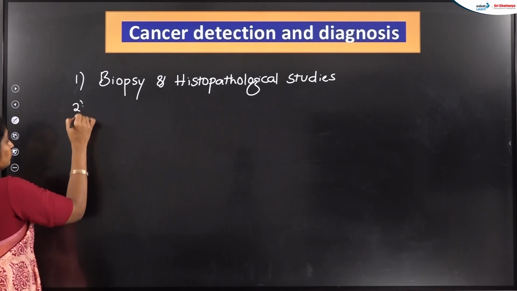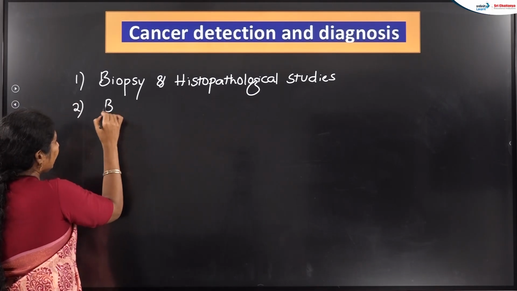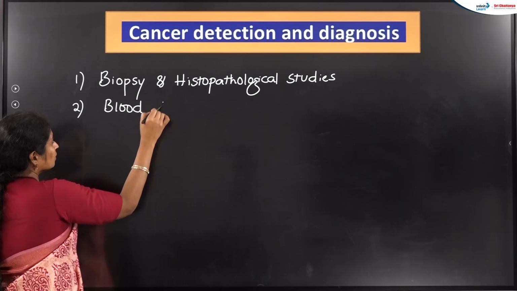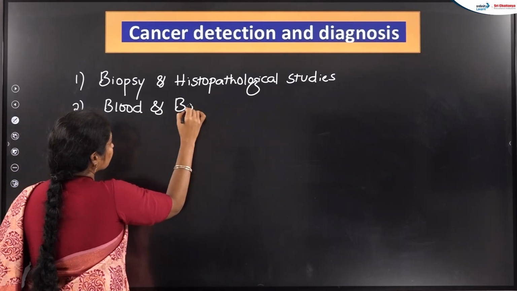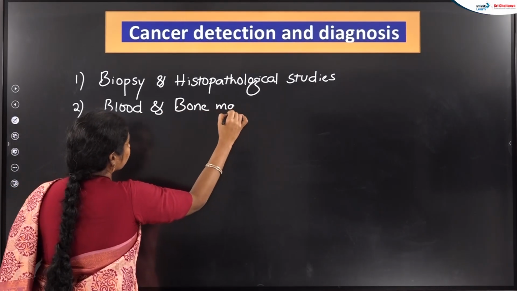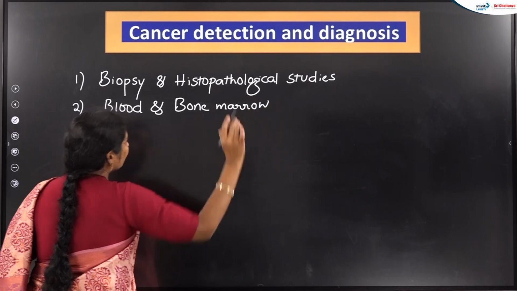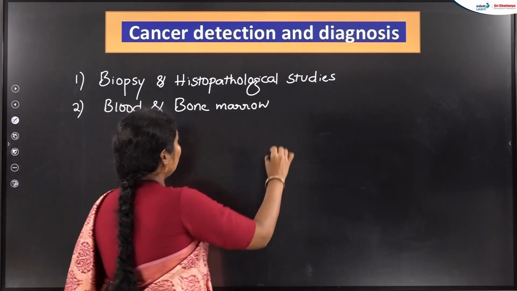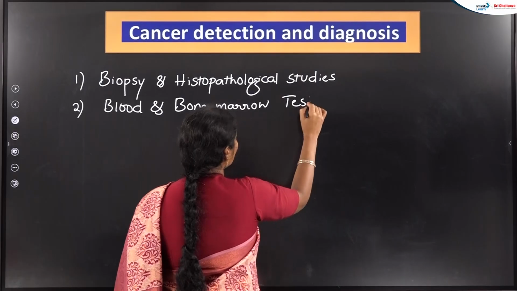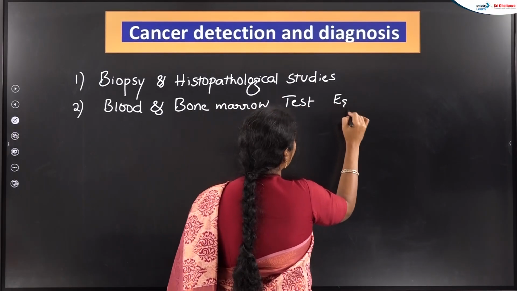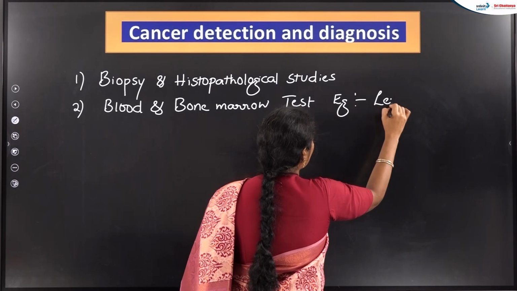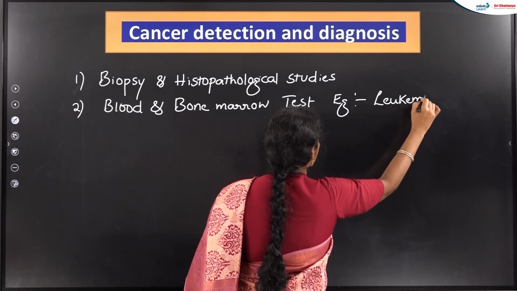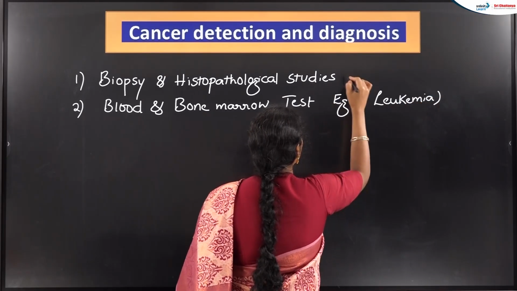Second one is blood and bone marrow tests. This blood and bone marrow test is used especially in leukemia, that is, in the case of blood cancer.